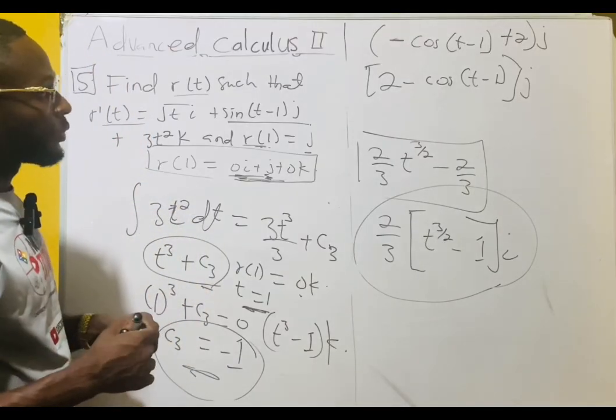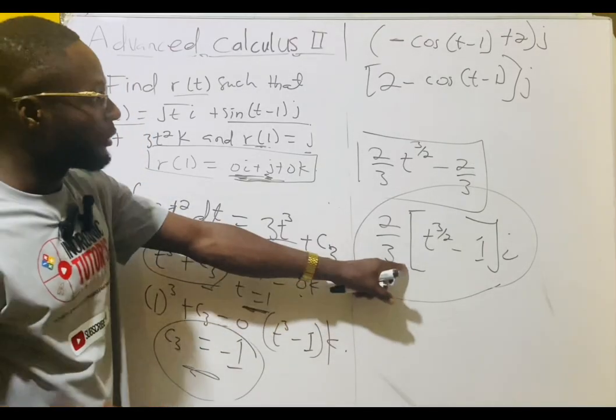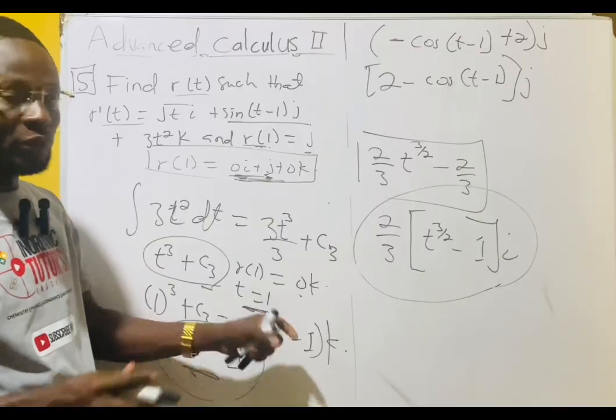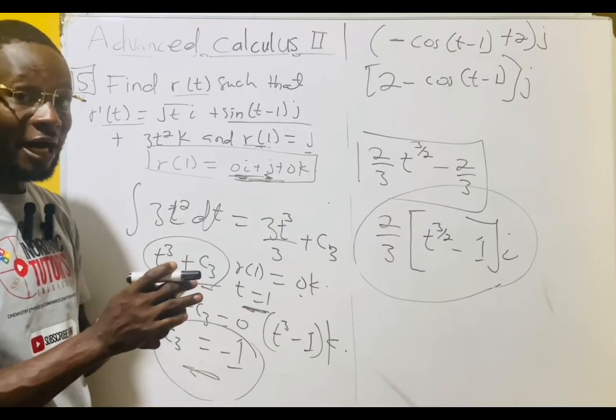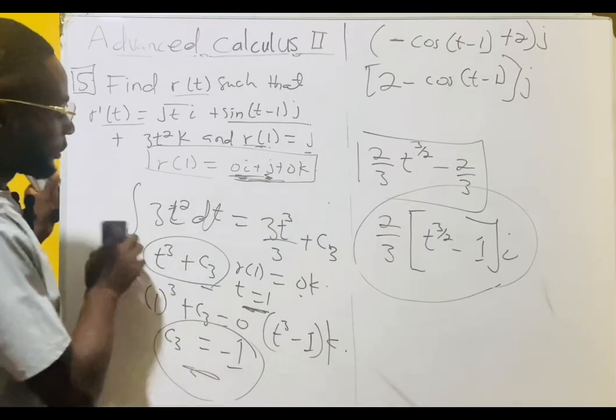All right, so we have i, we have j, and we have k. So we can combine it and have what? r of t. So we combine that.